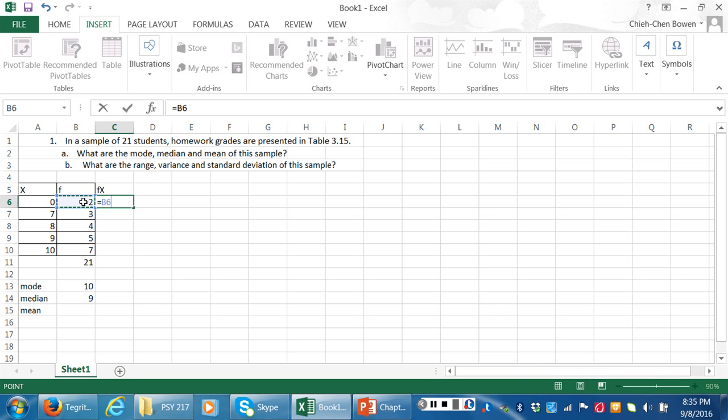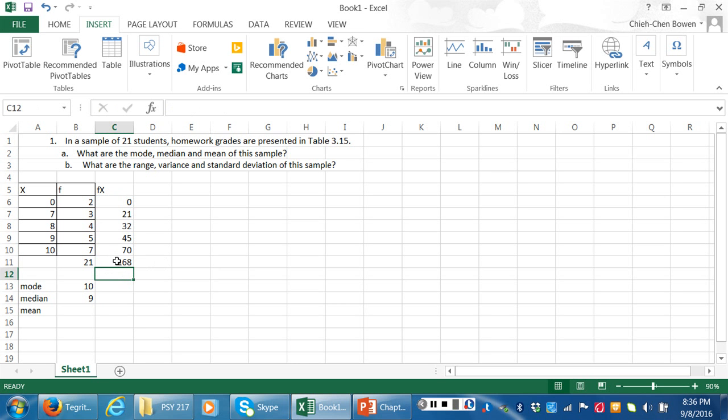First frequency times first homework grade, those are the two numbers you want for the operation. Hit enter, and that's 0. You can copy and paste all the way to the last value. That will give you the total homework grade for the entire class, and you just need to sum it up. Hit enter.